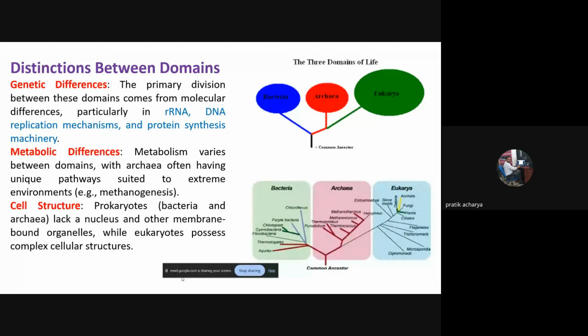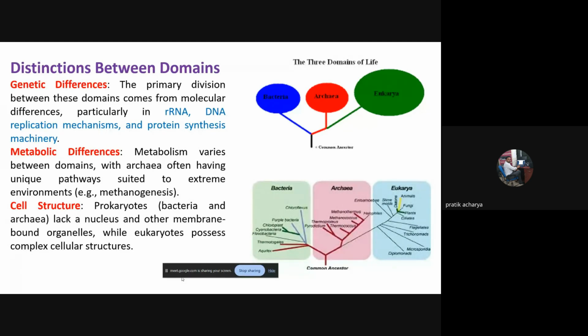Molecular differences mean the structure of ribosomal RNA, structure of DNA, their different genetic codes, replication mechanism, how RNA and DNA replicate, and protein synthesis machinery, how RNA forms the protein.